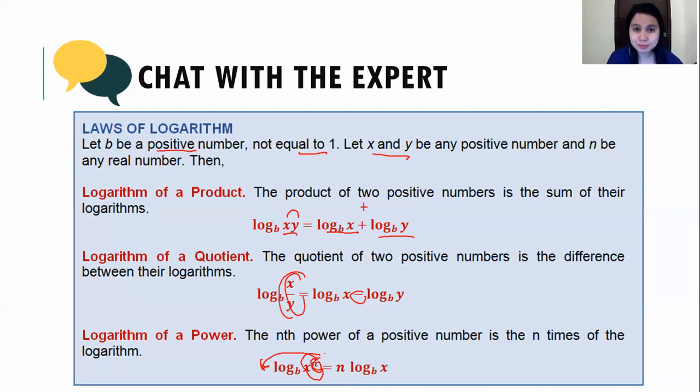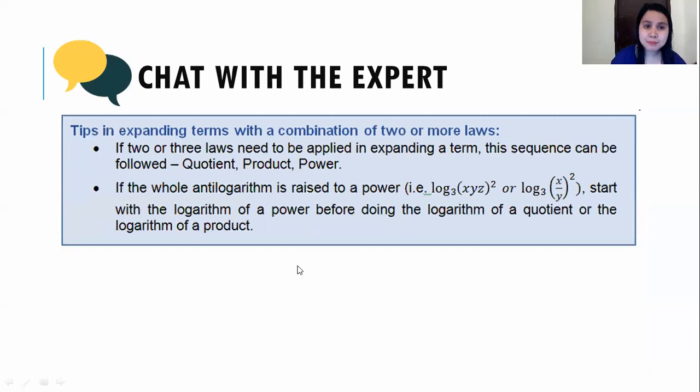Now, here are some tips. If you expand terms with a combination of 2 or more laws, it's only my observation on how to do the technique. If you have 2 to 3 laws, you can start with, I say, QPE: quotient, product, exponent.